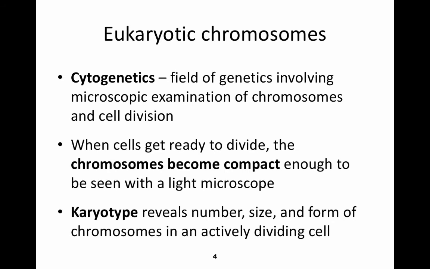Now, when we want to divide that nucleus in half and divide the cell in half, when we want to make new cells, if they get old or they get worn out, something like that, then we need to basically compact that DNA so that it can move easier. And you can actually see these by light microscopes. Now, if we want to look at the number or the size or the form of the chromosomes, then that's what's known as karyotyping.